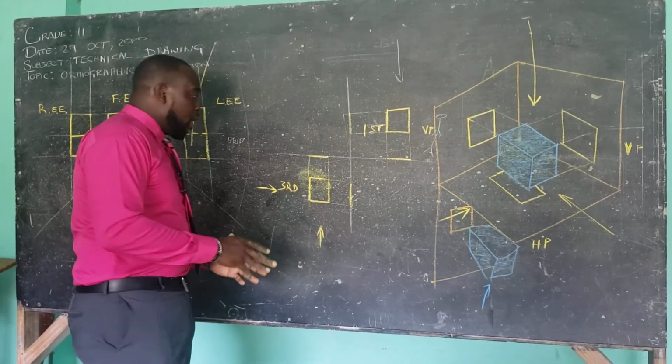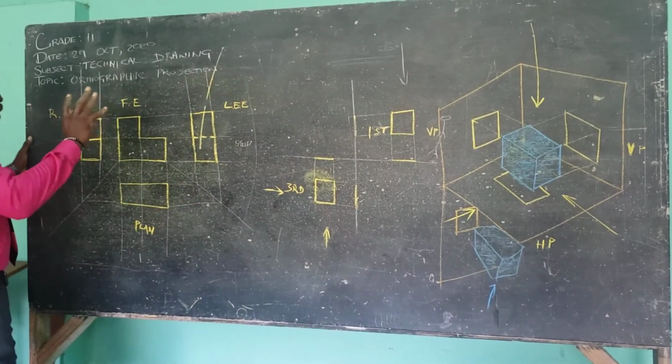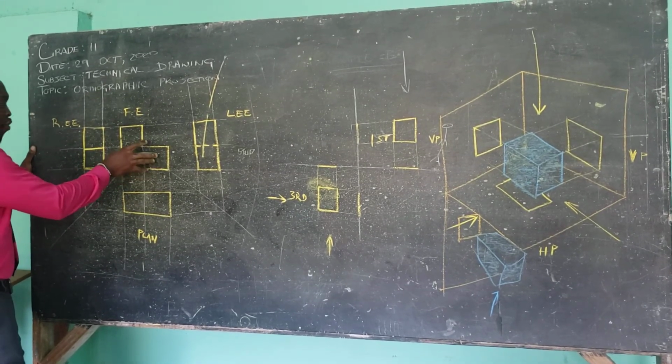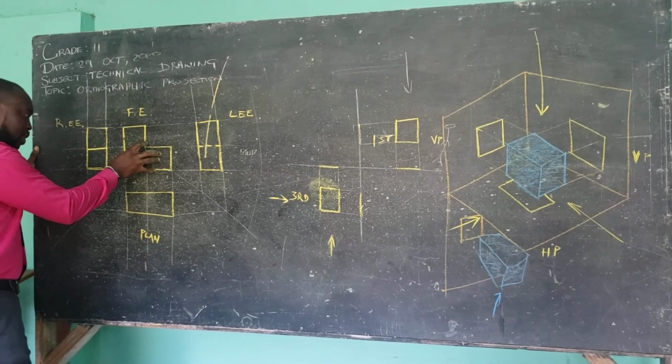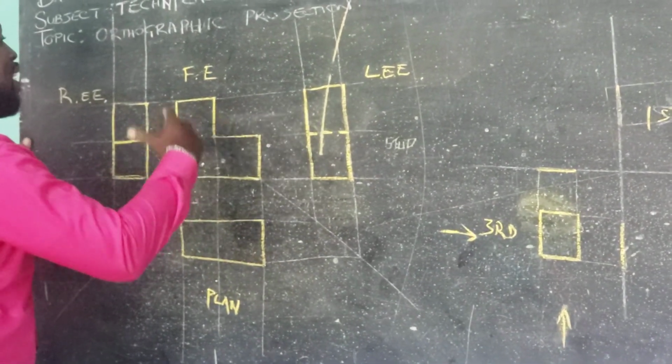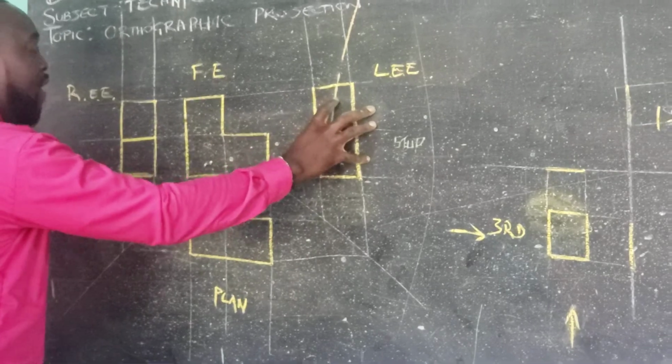Is that clear? Now, just a quick recap. We have our front elevation, our plan, and left end elevation, which in first angle is drawn on the right.